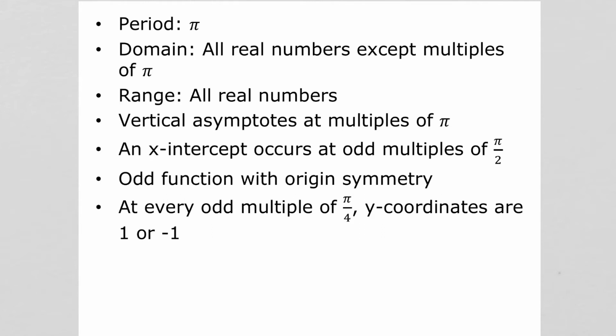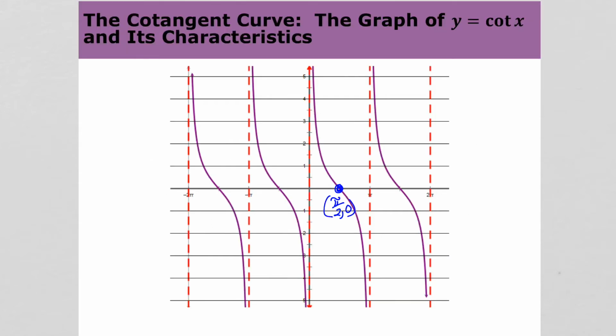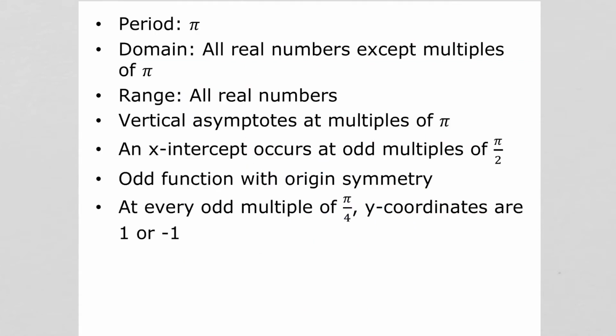An x-intercept occurs at odd multiples of pi over 2. So here's the first one at pi over 2. Then there's one at 3 pi over 2. It's an odd function with origin symmetry, and at every odd multiple of pi over 4, the y coordinates are 1 or negative 1.